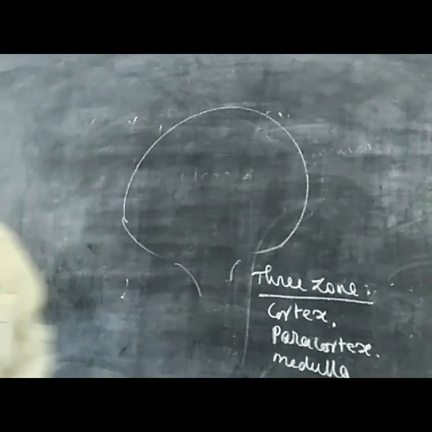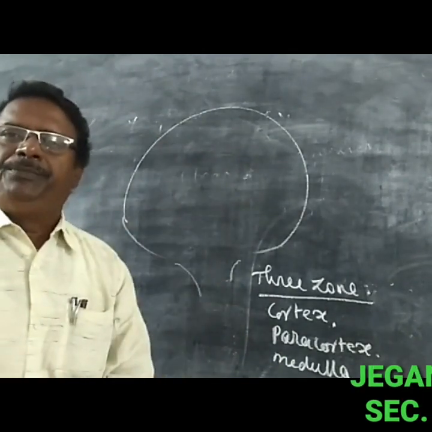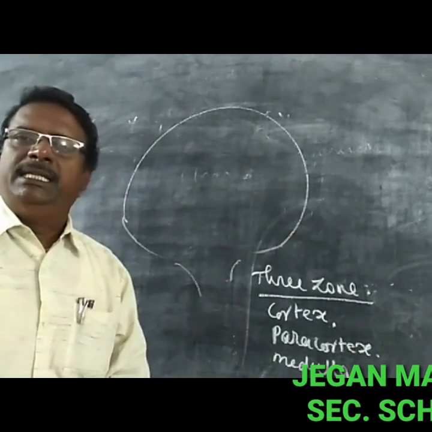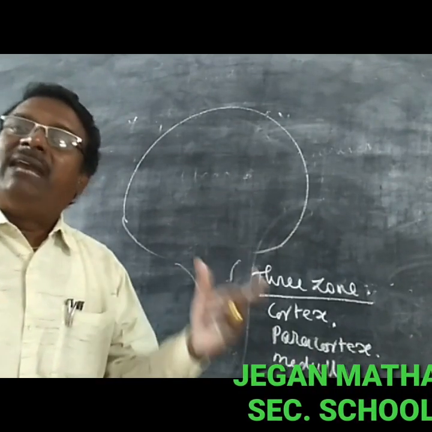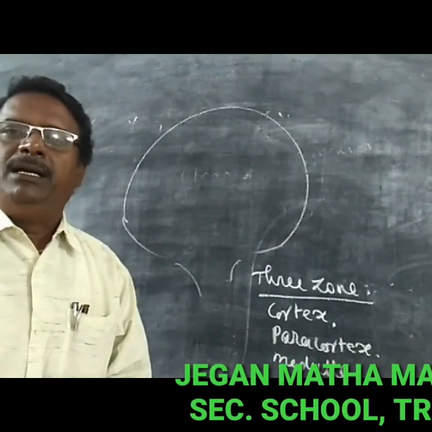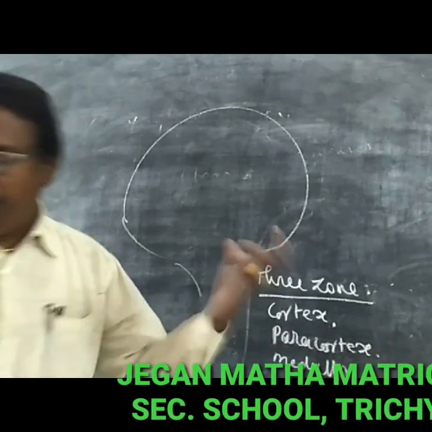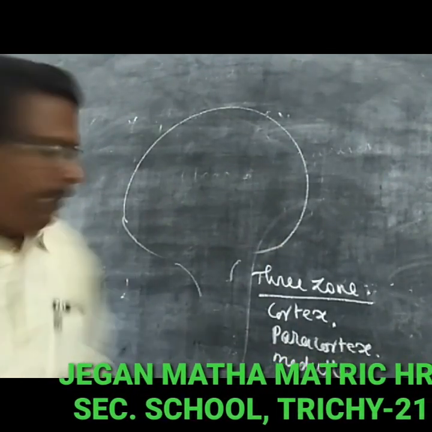Each lymph node consists of 3 parts: the outermost layer called the cortex, a middle paracortex, and an inner medulla. So they have 3 zones.